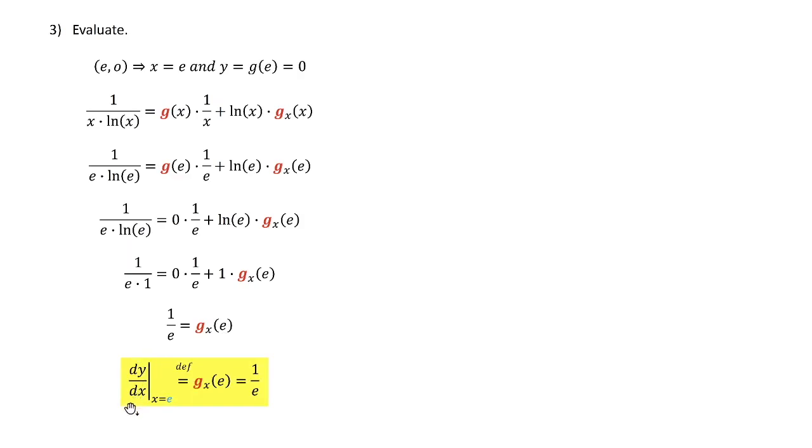So we do have our slope, right? Change in y over change in x, the slope of the tangent line when x equals e, at the point (e, 0), is going to be 1 over e. And then the next problem, of course, will be to find the tangent line and the linear approximation. I didn't do that, but you can do it.